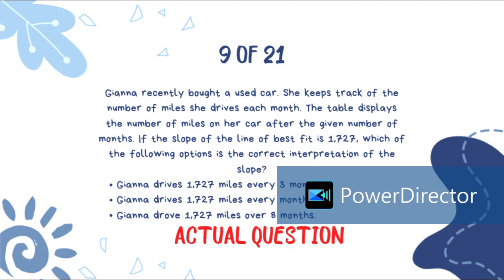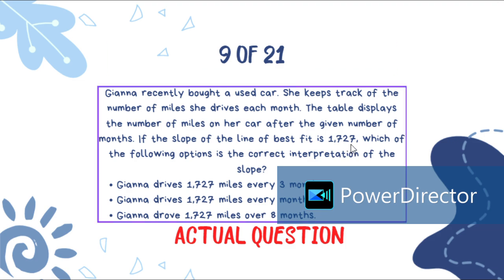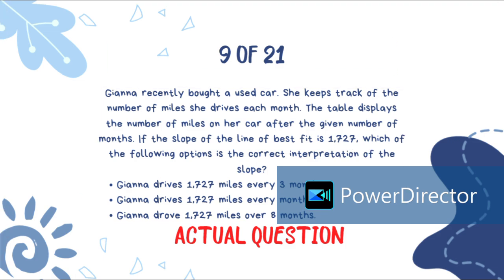If this is the slope, we know that a linear formula is y equals mx plus b. We know that m is the slope, and it told us the slope is 1,727.